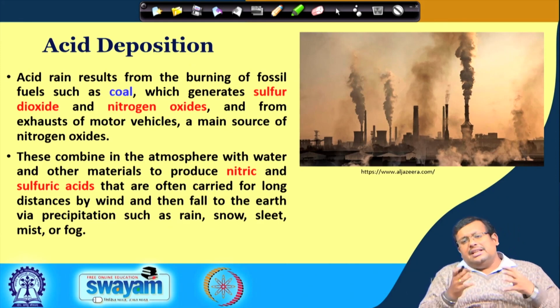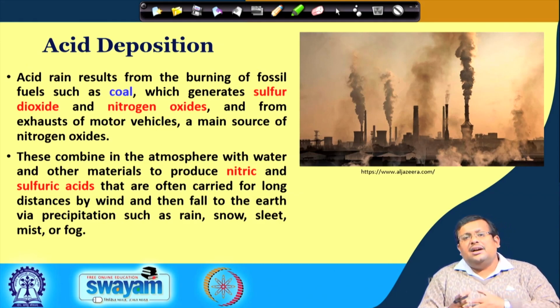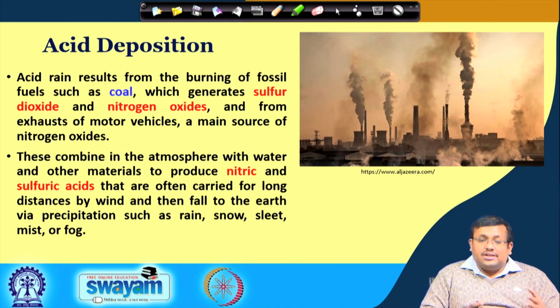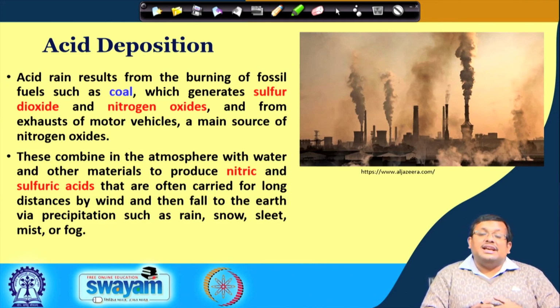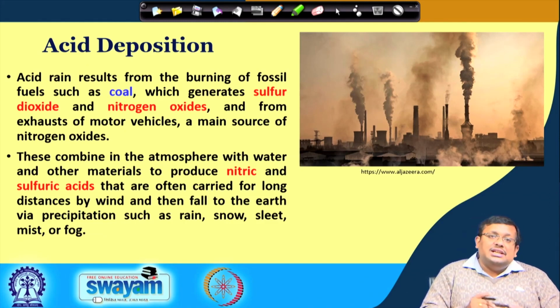So, all this burning of fossil fuels and exhaust from automobiles produces these gases, specifically sulfur dioxide and nitrogen oxides, which react with the water vapor present in the atmosphere to produce nitric as well as sulfuric acids that are often carried for long distances by wind and then fall to the earth via precipitation such as rain, snow, sleet, mist and fog.